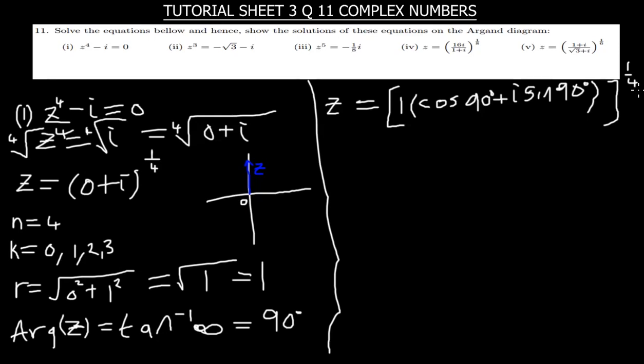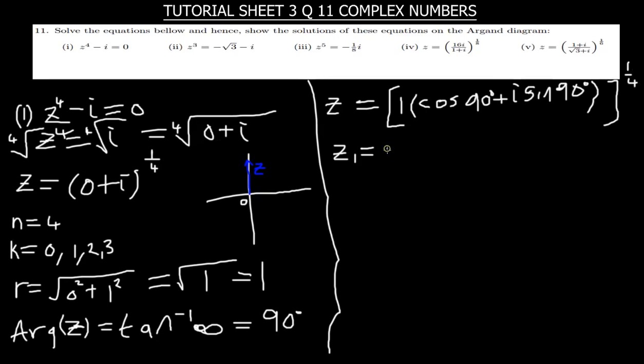Alright, so now since we have this, we can start using our k values to find our complex numbers. So first find z0. 1 times everything there, you still get 1. So in short, 1 to the power 1 over 4, I'll still get 1.